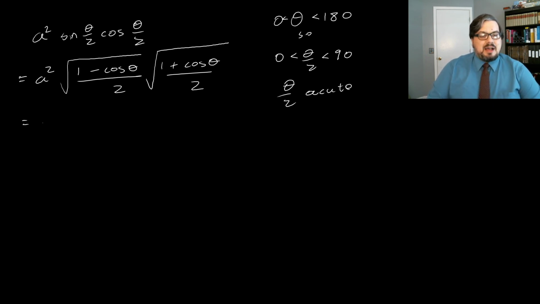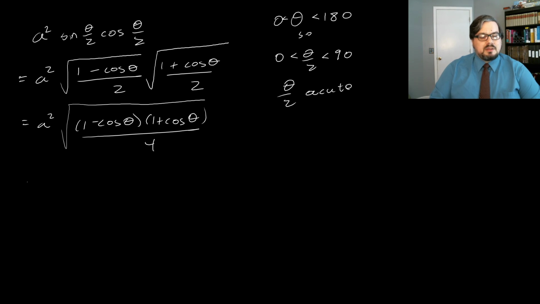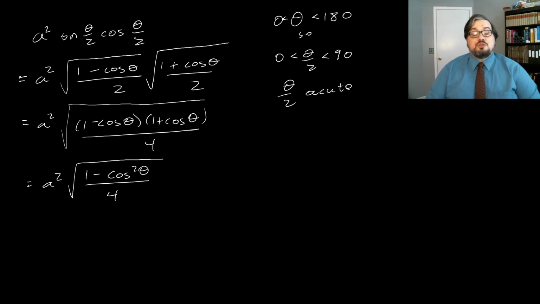Well, now we can do some algebra. This gives us A squared times the square root. We can multiply the two together. We get 1 minus cosine theta times 1 plus cosine theta all over 4. This simplifies to A squared times the square root of 1 minus cosine squared theta over 4, because when you multiply these together, the two middle terms in the distribution cancel out.